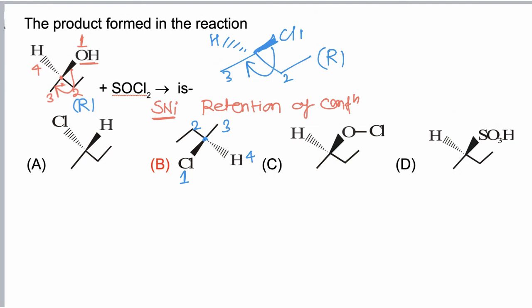The least priority group is present away from the observer, and moving from 1 to 2, 2 to 3 is clockwise, hence this has R configuration, while options C and D are incorrect, and option A has S configuration. Hence the correct answer is B.